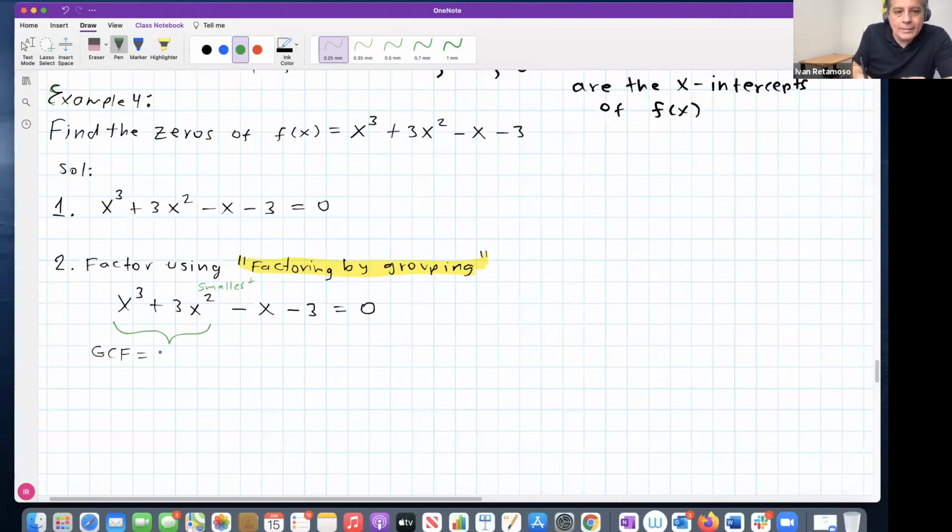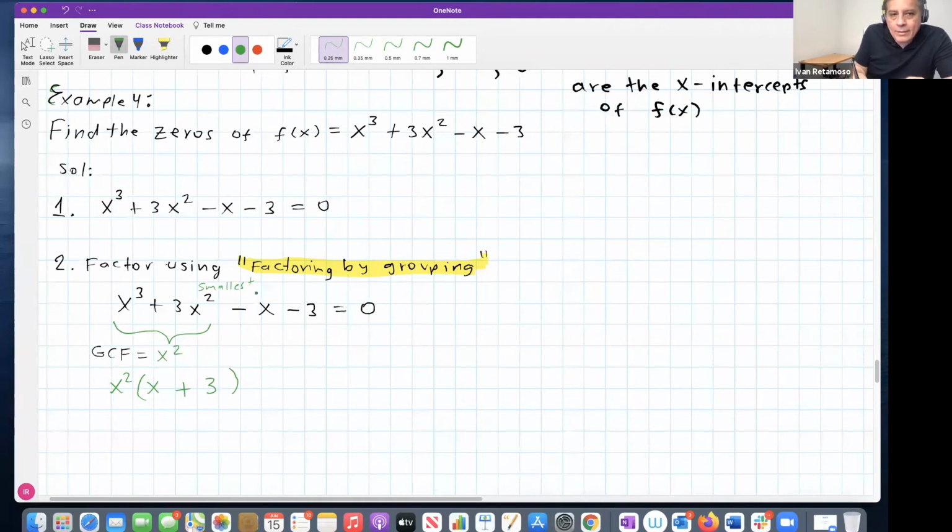This is your GCF. Factor that out, x squared out. What is left? x squared into x cubed is just x, plus x squared into 3x squared, x squared into x squared is 1, this is just 3. Done with this part.